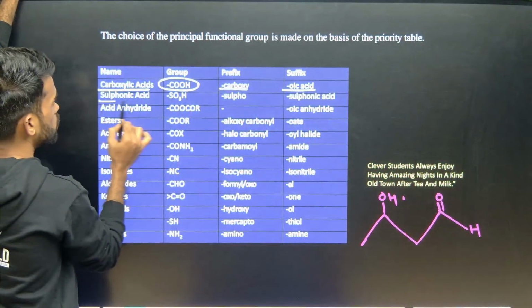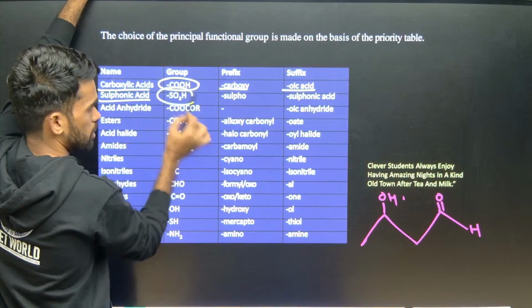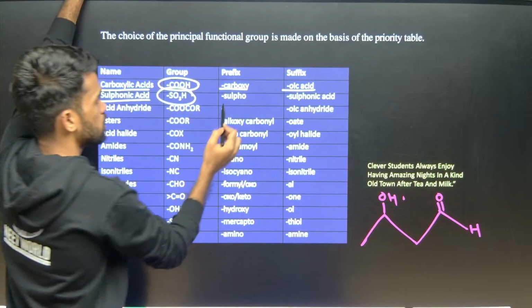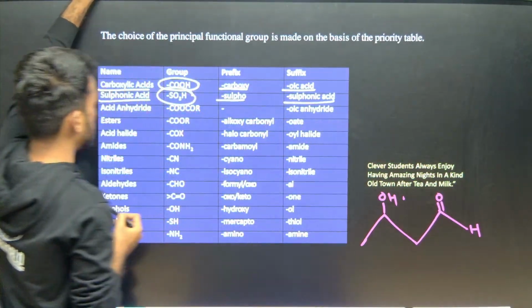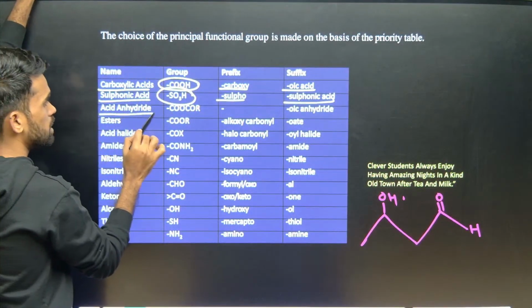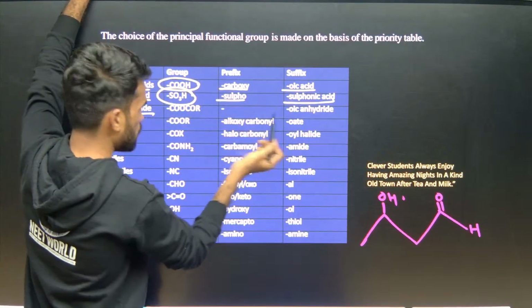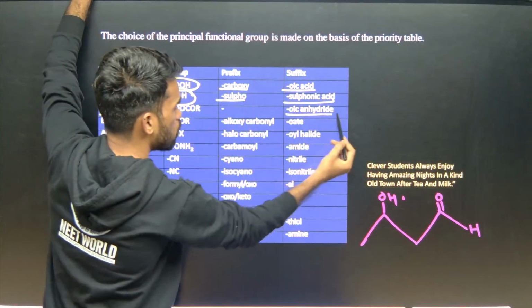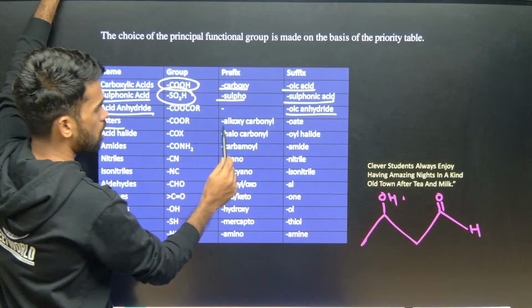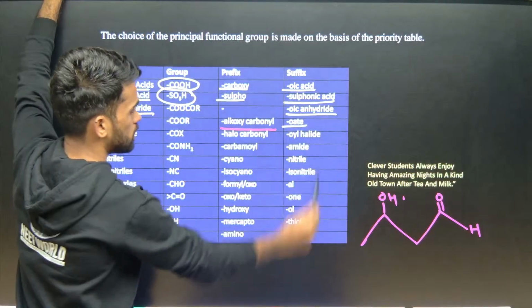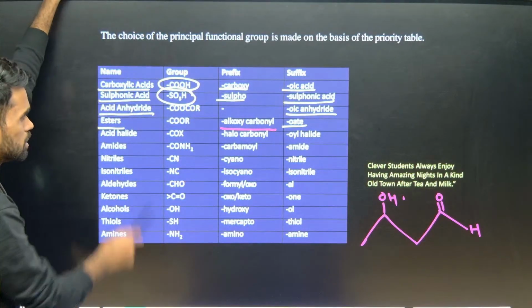Whenever there is sulfonic acid, the group will be SO3H, the prefix is sulfo and the suffix is sulfonic acid. If it is an acid anhydride, the prefix will be carboxy and the suffix oic anhydride. If it is an ester, you can say alkoxycarbonyl as prefix or oate as suffix.